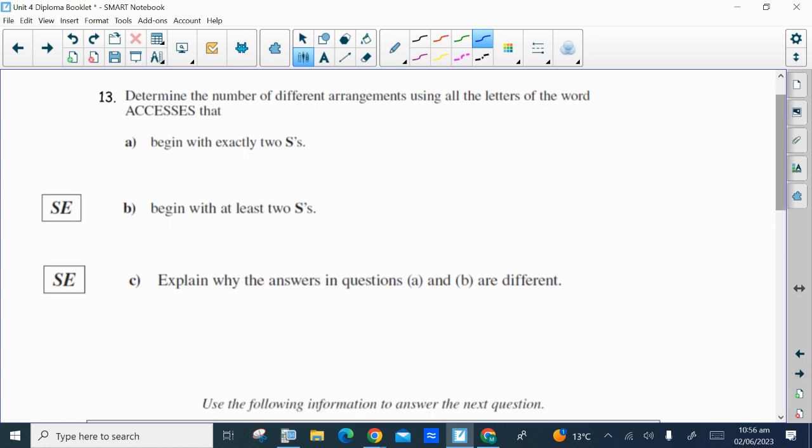Determine the number of different arrangements using all the letters of the word accesses, if, first, it begins with exactly 2 S's. So that means that the third letter cannot be an S. It has to begin with exactly 2, which again means the third cannot be an S. So if we write down our spaces first, we've got 8 spaces here.